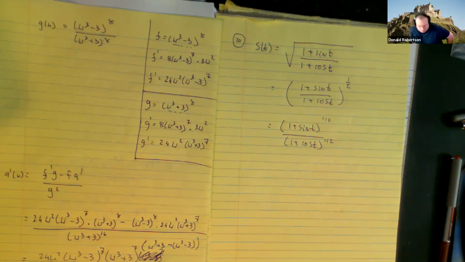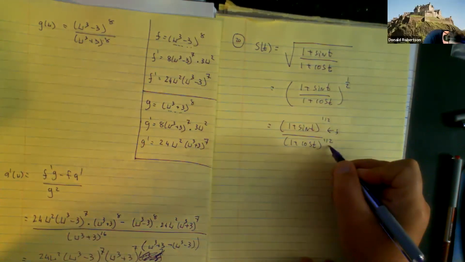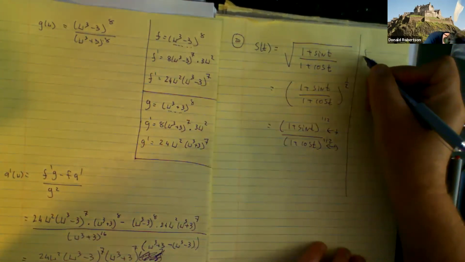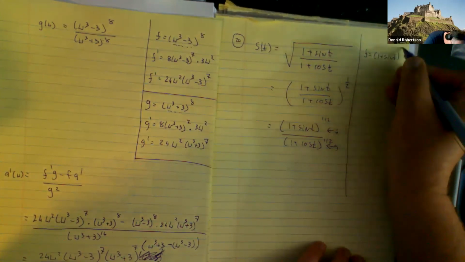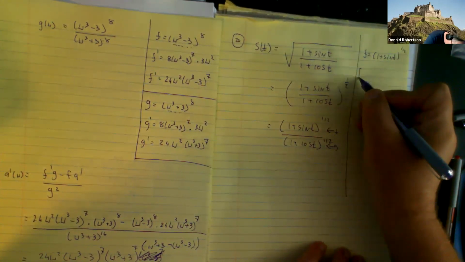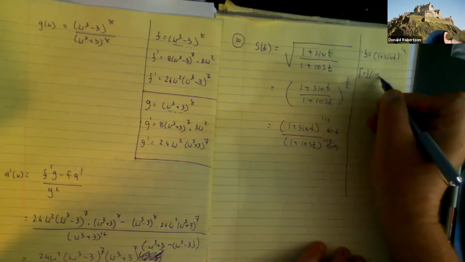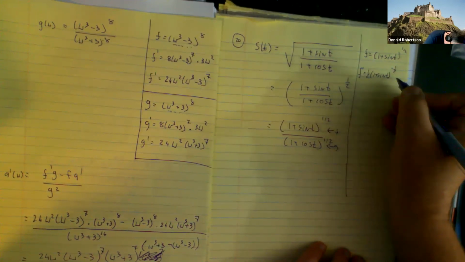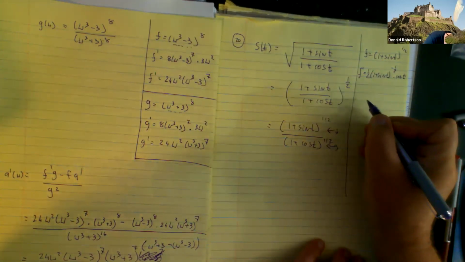Quotient. Quotient is it? So according to quotient, this is going to be F, this is going to be G. So F is going to be 1 plus the sine of t to the power of half, and its derivative then is 1 plus sine of t to the negative a half times the derivative of the inside function, which is cosine t, and I'll leave it like that.